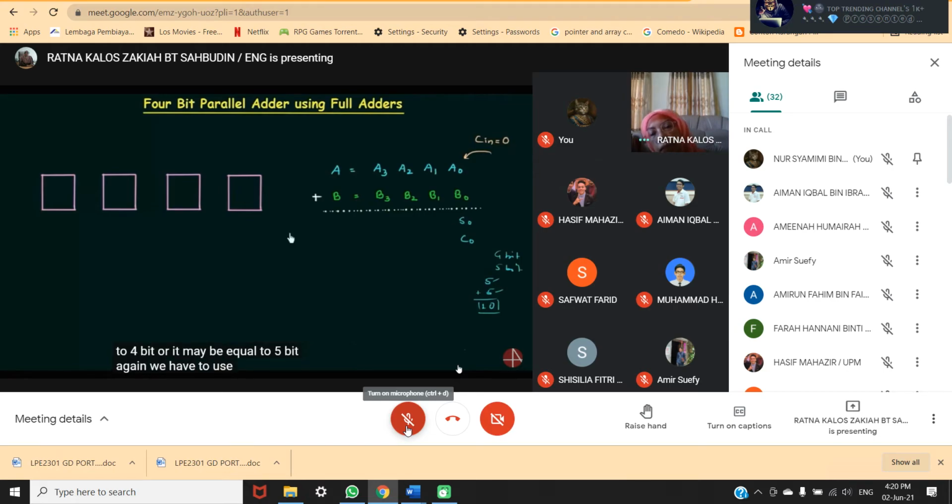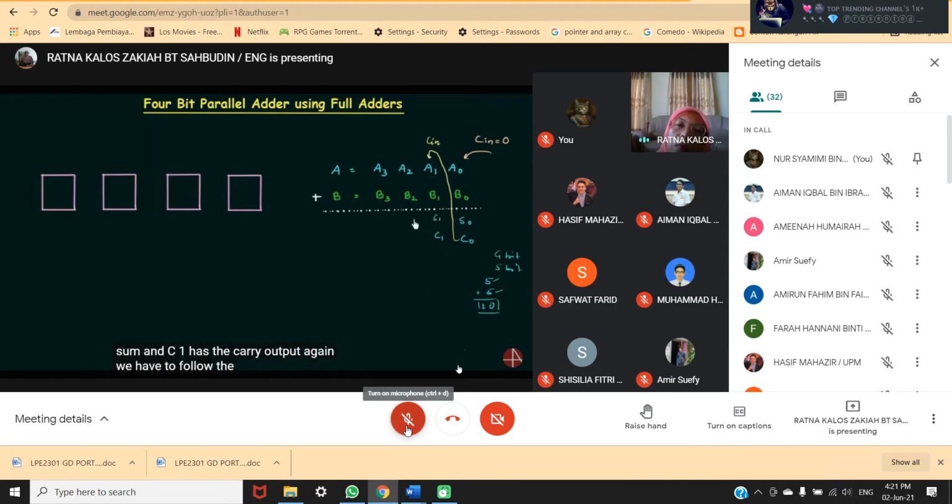Again, we have to use another full adder to add these 2 bits, A1, B1, and we have to consider this C0, the carry output from the previous sum, and this will act as the carry input for the addition of these 2 bits. And let's say we got S1 as the sum and C1 as the carry output.